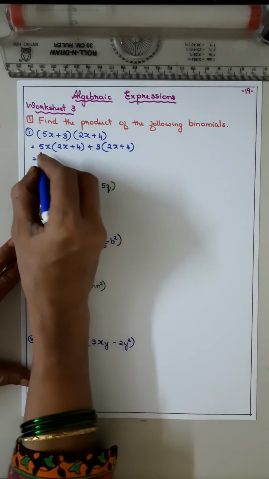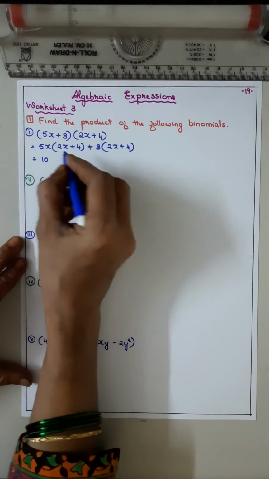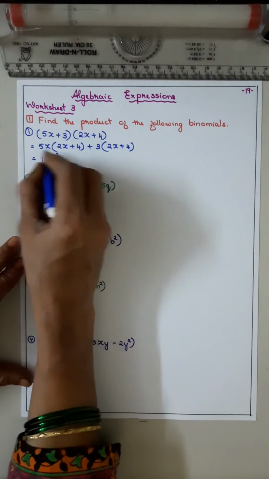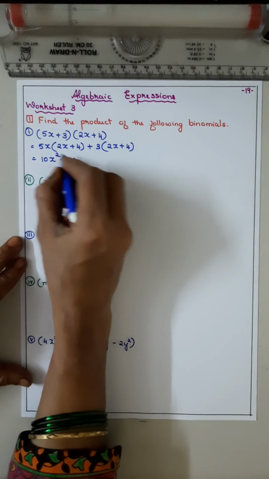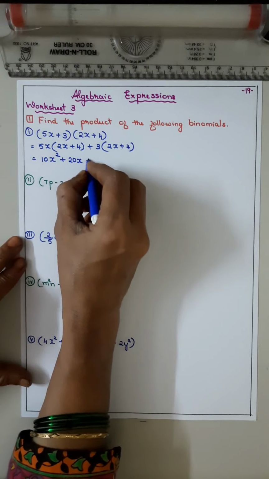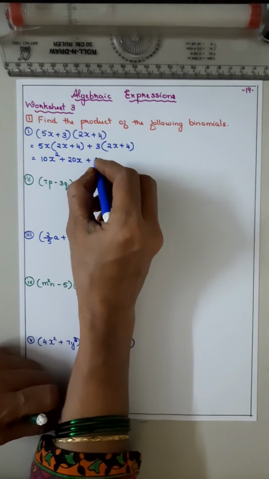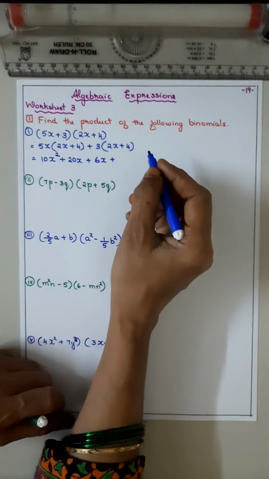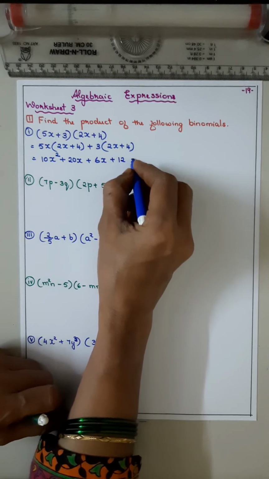Now multiply: 5 2s are 10, x times x is x squared, plus 5 4s are 20 x, and plus 3 2s are 6x, plus 3 4s are 12.